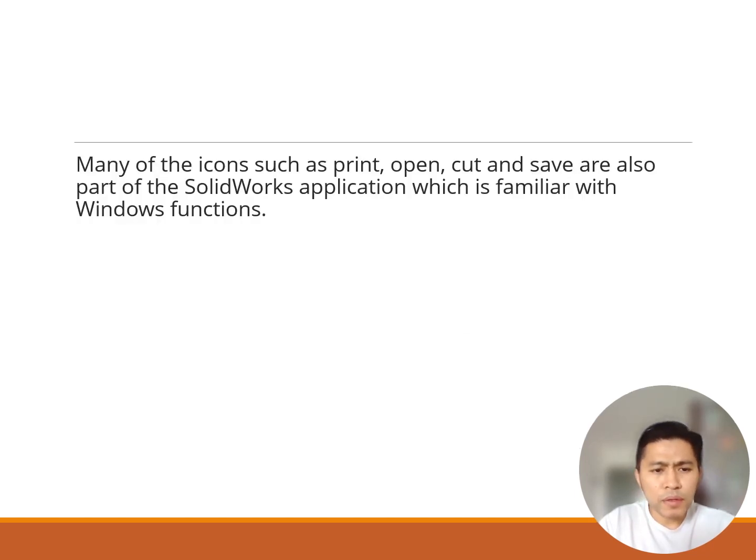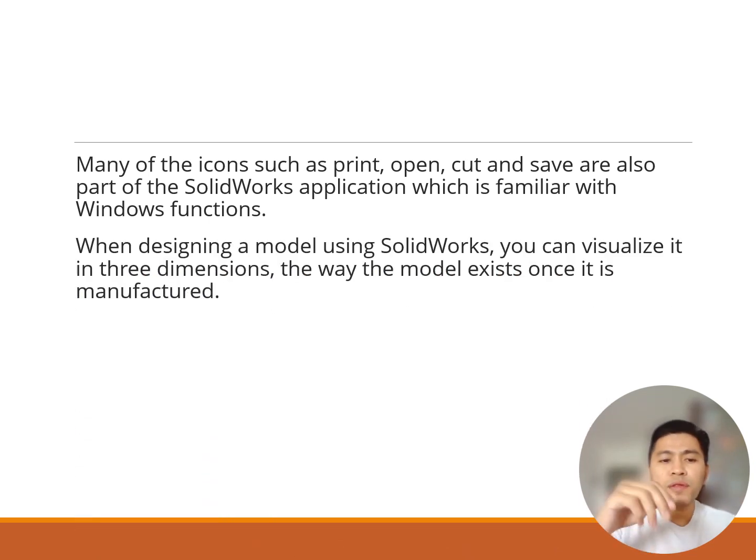Many of the icons such as print, open, cut and save are also part of the SolidWorks application, which is familiar from Windows functions. When we design a model using SolidWorks, we can visualize it in three dimensions, the way the model exists once it is manufactured.